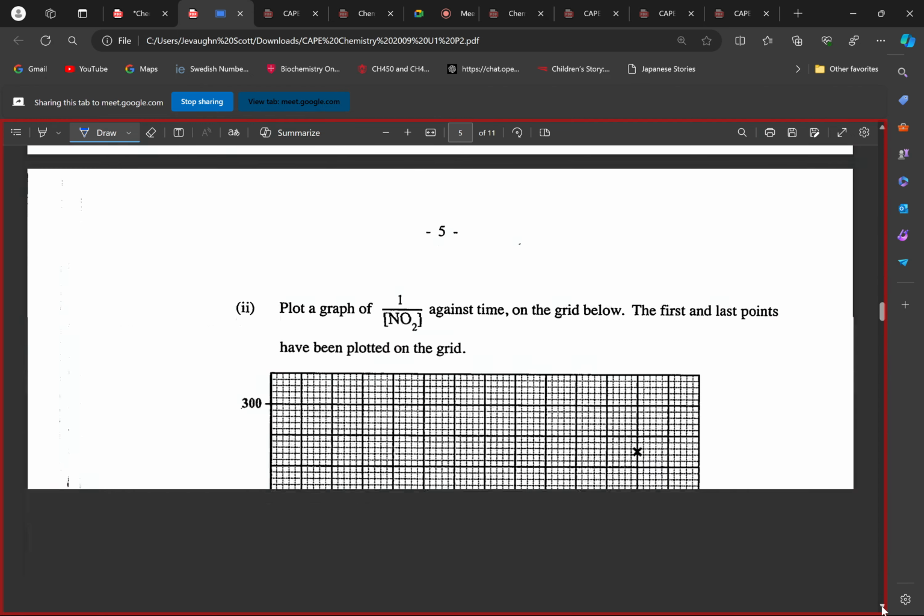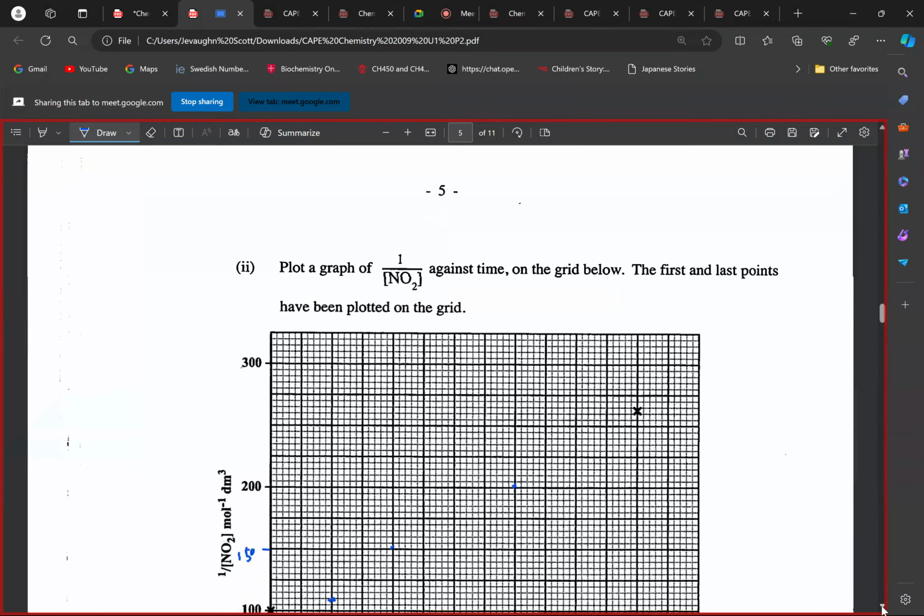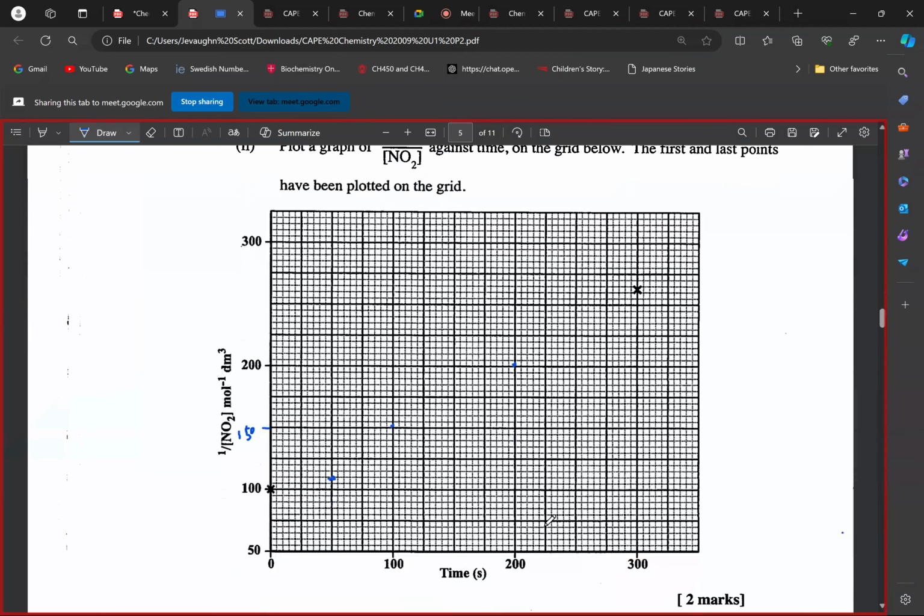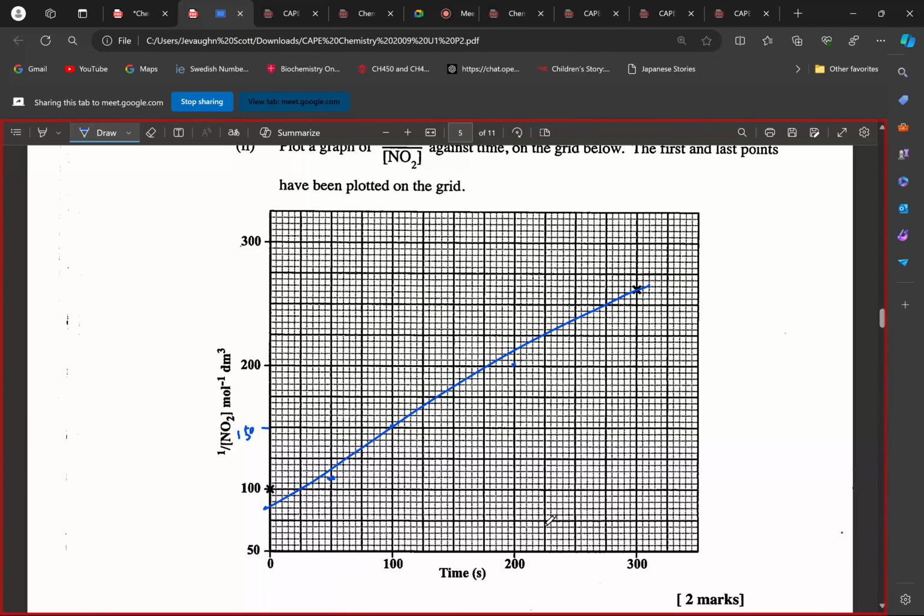Alright, so let's have a look at this. This is an inverse concentration versus time graph, and that is obtained from an integrated rate law. So using integration, a little bit of maths, if we integrate the rate law, we should be able to get a graph like this.